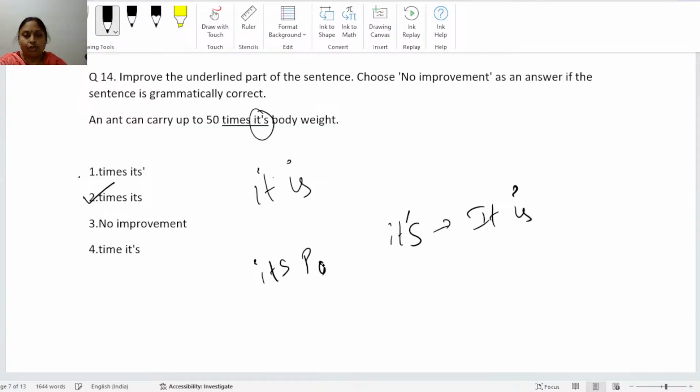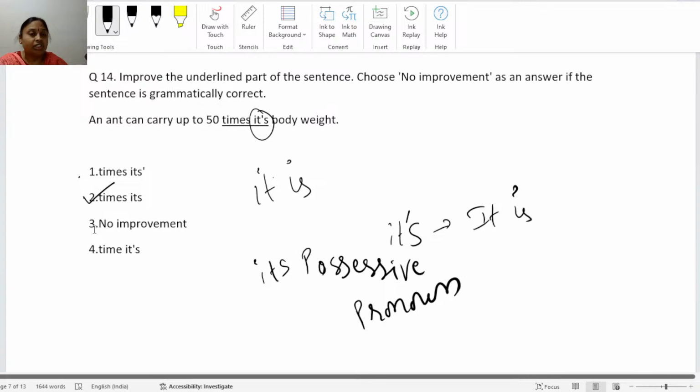It is a possessive pronoun. So then we never take it that way. So possessive pronoun, its own weight. So that's why it is having some interesting meaning. So that's why we have to take the second one as the option.